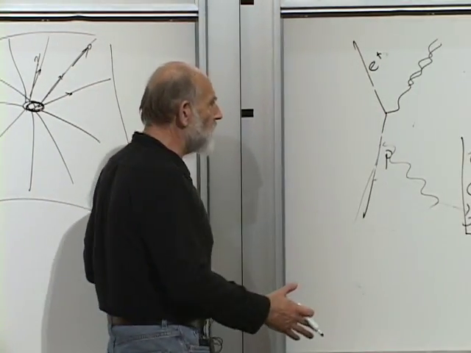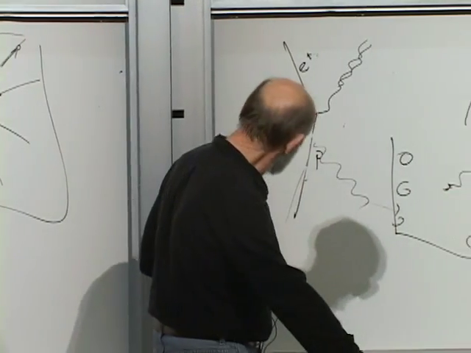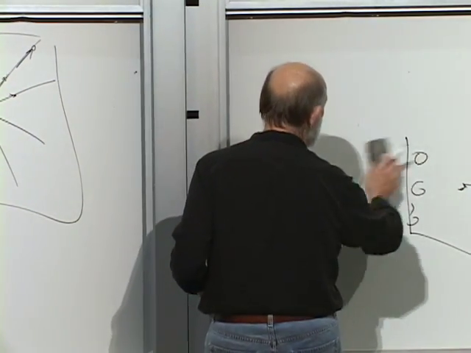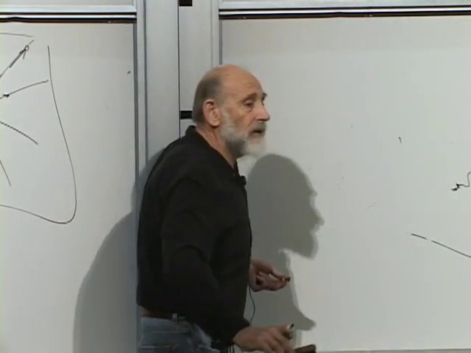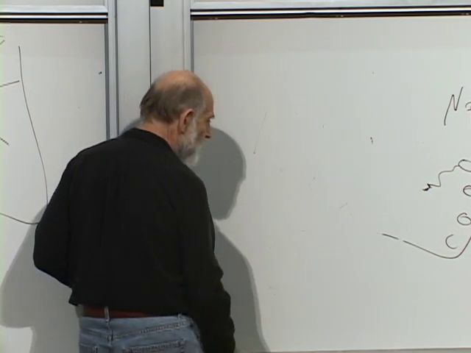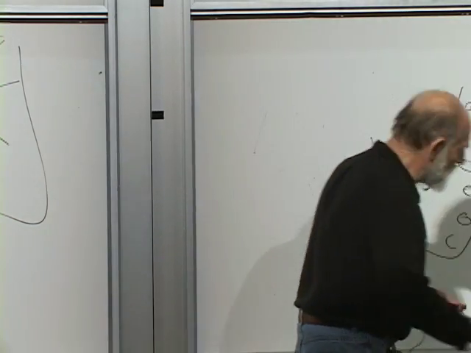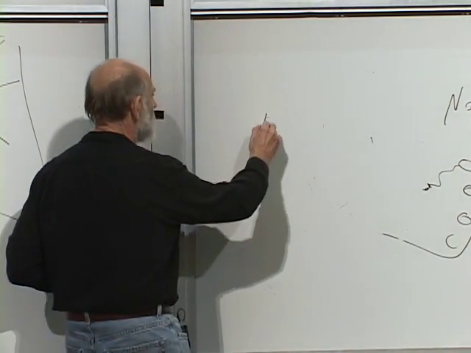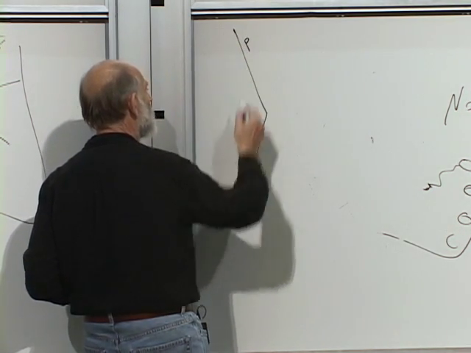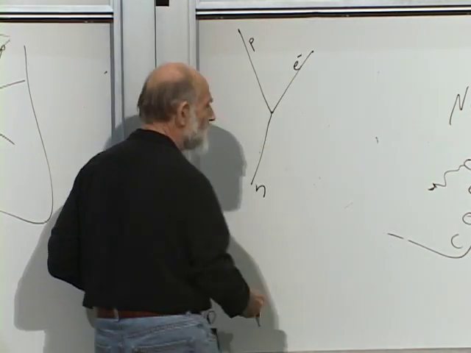A neutron, incidentally, also has baryon number, same as a proton. So here's an example of a process which does not violate baryon number. It's called beta decay. A neutron becomes a proton, an electron, e minus.